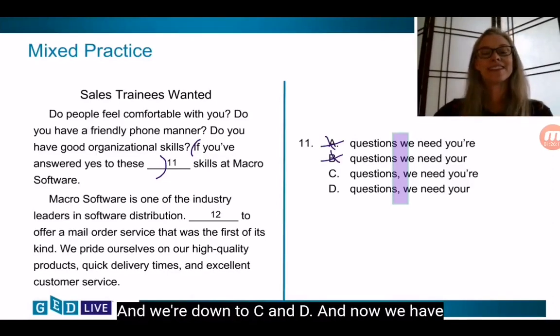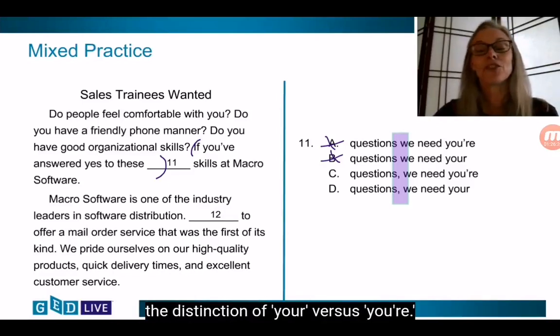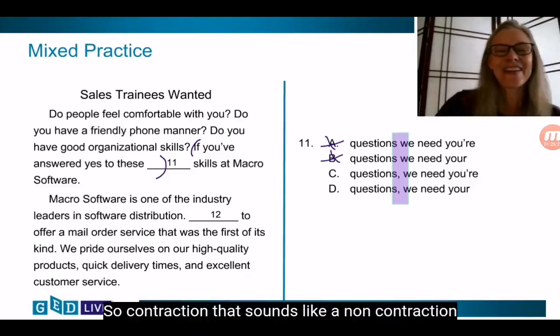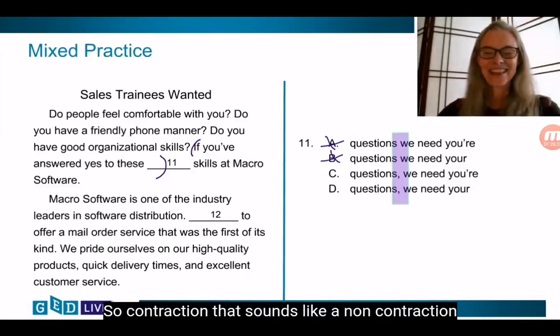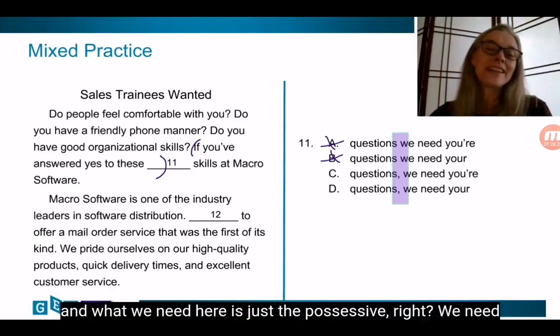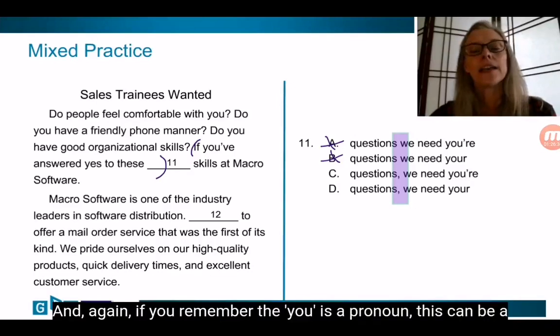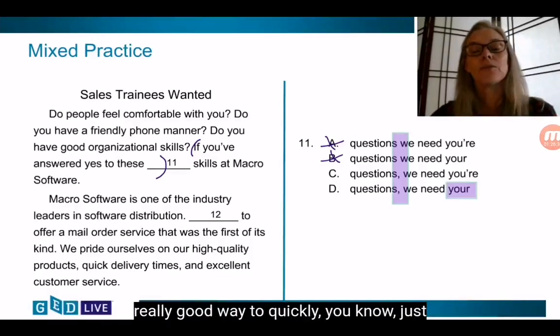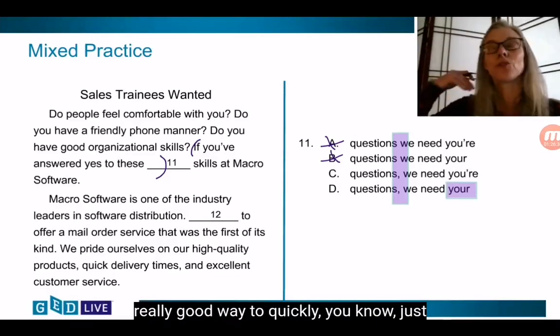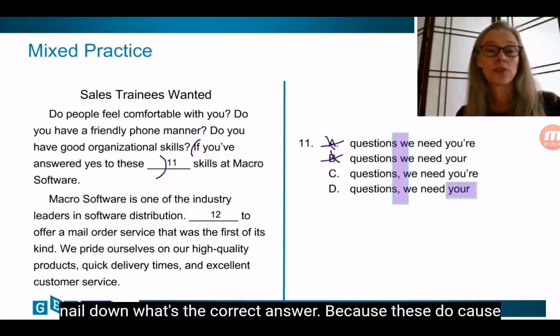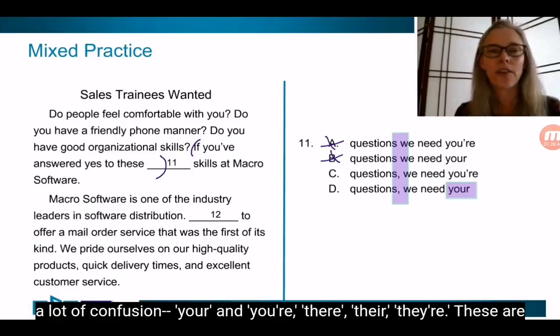And we're down to C and D, and now we have the distinction of you're versus your. So contraction that sounds like a non-contraction, and what we need here is just the possessive. We need the possessive, your skills, the skills that belong to you. And again, if you remember that your is a possessive pronoun, this can be a really good way to quickly nail down what's the correct answer, because these do cause a lot of confusion.